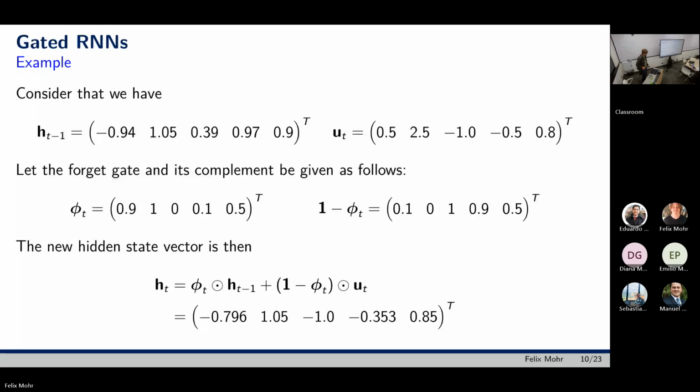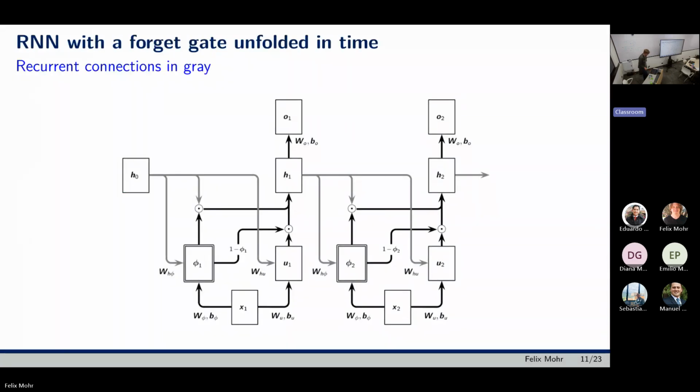Yeah, so the exact value is this here. So that would be the intuition for the gated recurrent unit.